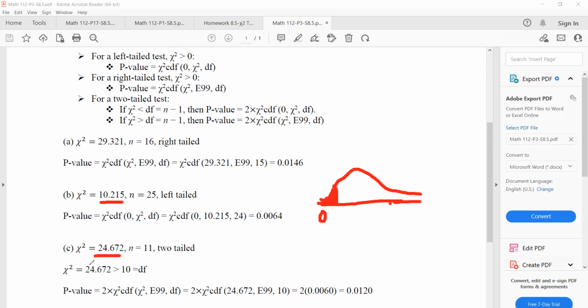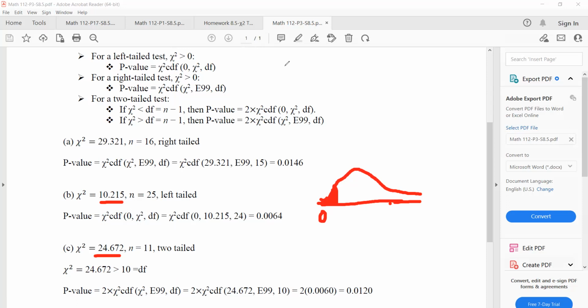So here, my chi-squared is much bigger than my DF. And when that happens, when your chi-squared is bigger than your DF, you end up doubling the right tail.